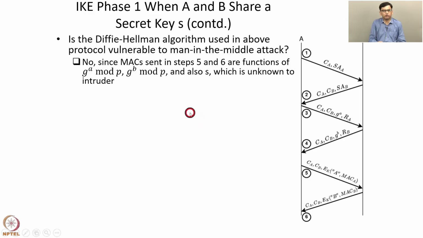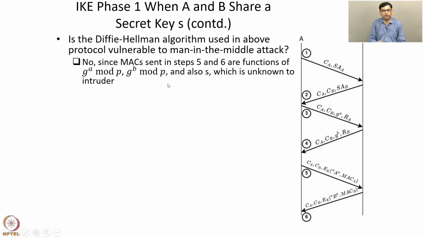It is not, because consider this public key g to the power a mod P. If this is modified by an intruder to some other value, then that modification will be detected in the message authentication codes that are sent in steps 5 and 6, which are functions of all these quantities that were sent in messages 1 to 4, including g to the power a mod P and g to the power b mod P, and also S, which is unknown to an intruder.